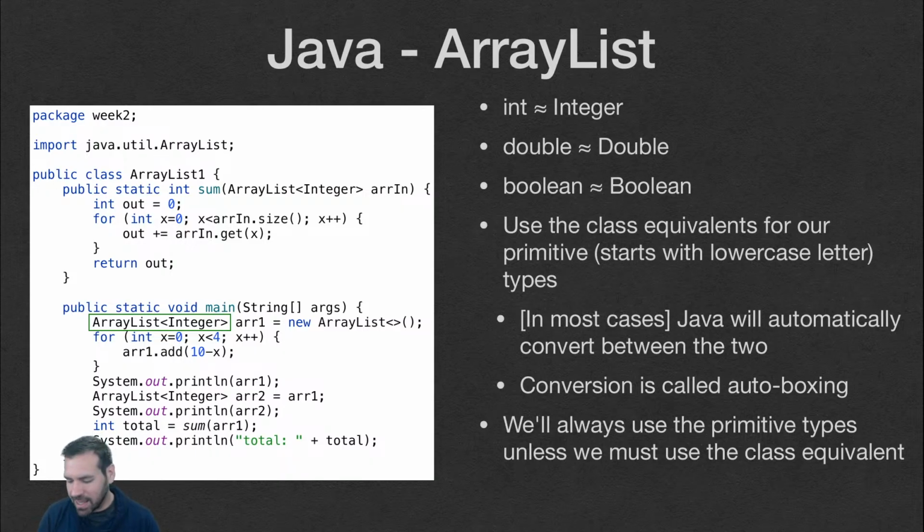The reason I say it like that is every semester there are numerous students who will return a capital D Double in that situation. They'll submit to Autolab, and Autolab's going to have all kinds of errors because it's not expecting that return type. And in that specific situation, Java will not autobox. So if you have the wrong return type, Autolab is expecting a lowercase d double and you give it a capital D Double, it's going to blow up.